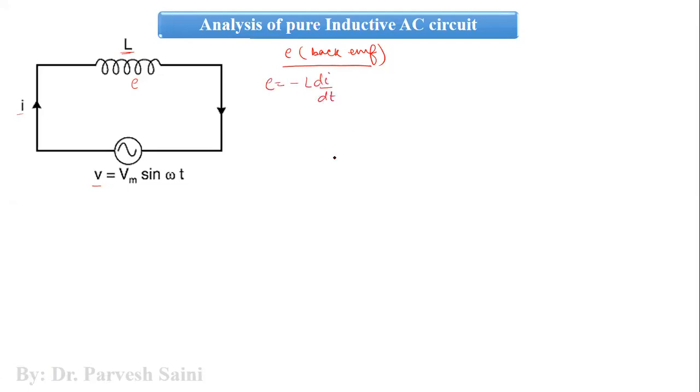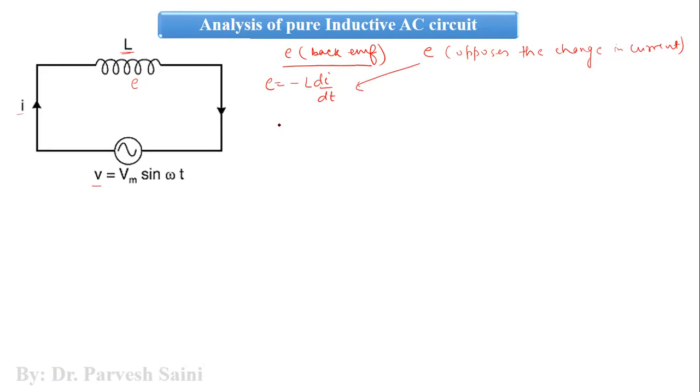This is the equation for this back EMF, because it opposes its cause, and you can also say that E opposes the change in current. From this equation, you can relate that an inductor opposes the change in current. It does not allow an instantaneous change in the current through it. This is the characteristic of an inductor.